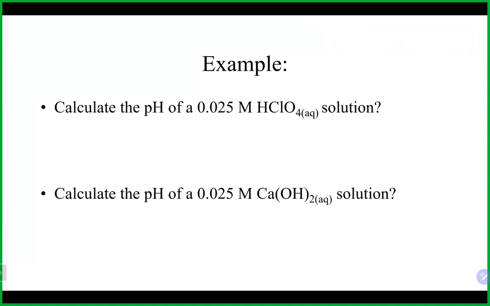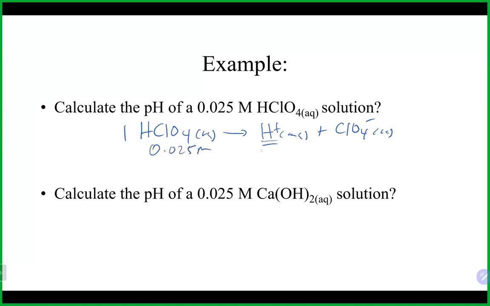Okay, let's take a look at this. So again, we've got a formula here. We have perchloric acid, which is one of those strong acids. So we do know that this is going to completely break apart 100% into H plus and perchlorate in this case. Once again here, it is the H plus which is of interest to us.